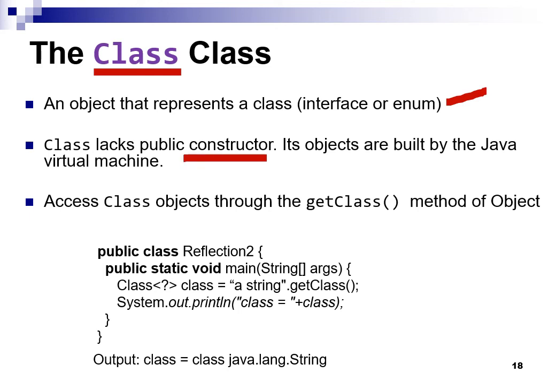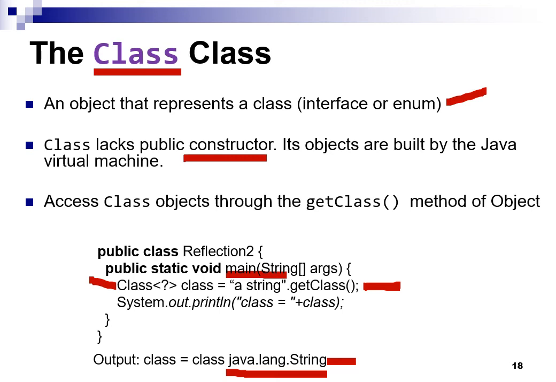Class does not have a constructor, but you need to create those objects typically using getClass. So here you have an object of type String, you call getClass, and then you obtain a Class object with the internal representation of the string. For example, one thing you can do is obtain the name or the simple name. In this case, that's the fully qualified name.